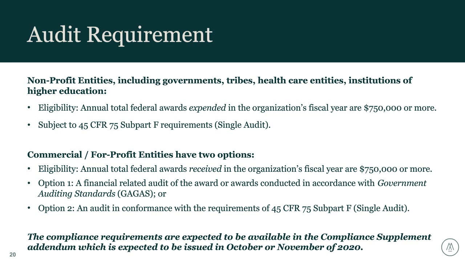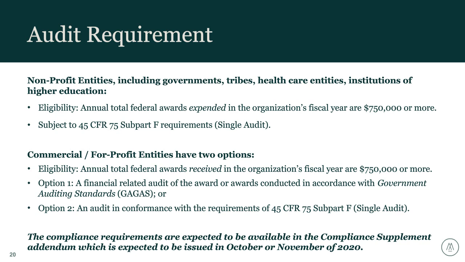For for-profit or commercial entities, the requirements are a little different. The audit requirement kicks in for awards received in the organization's fiscal year of $750,000 or more. Note the use of the word received for commercial entities versus expended for nonprofits and government entities.